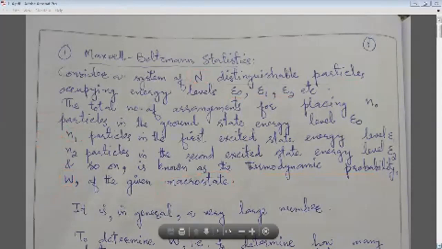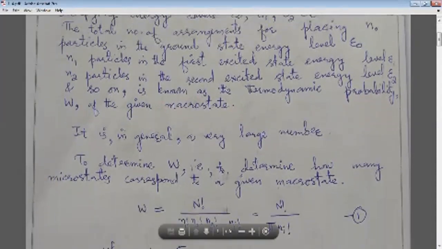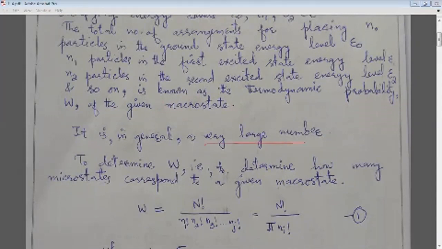So in general, this number of particles is a very large number. To determine W, the thermodynamic probability, that means to determine how many microstates correspond to a macro state, it is simply given by this expression.